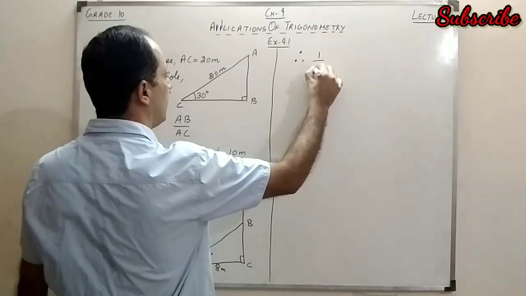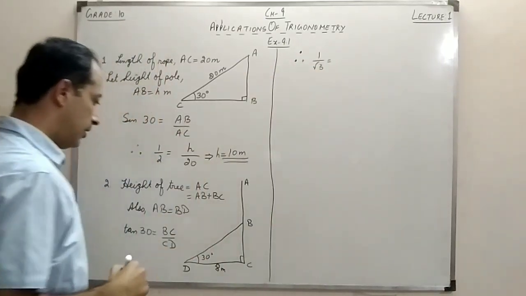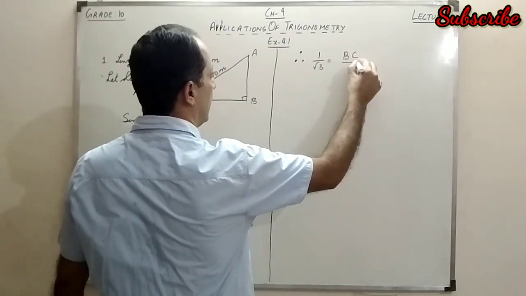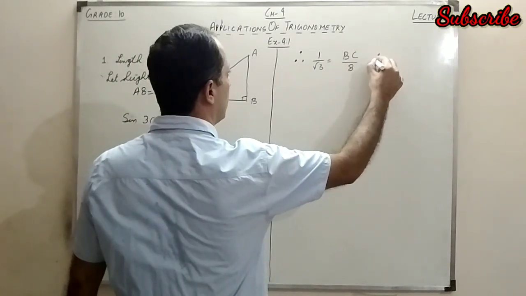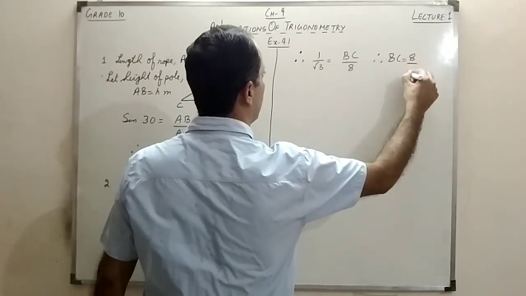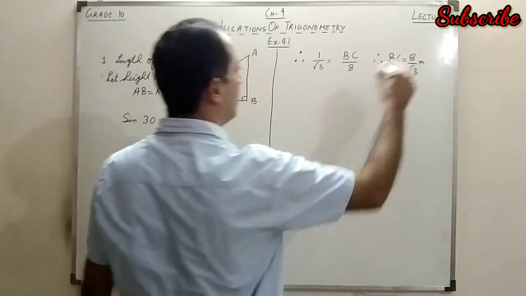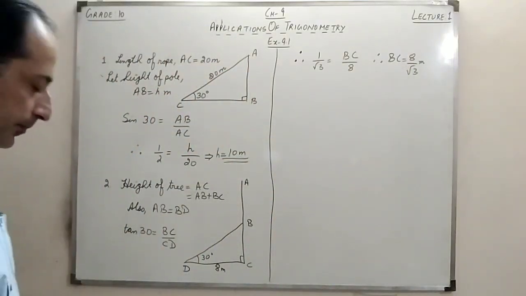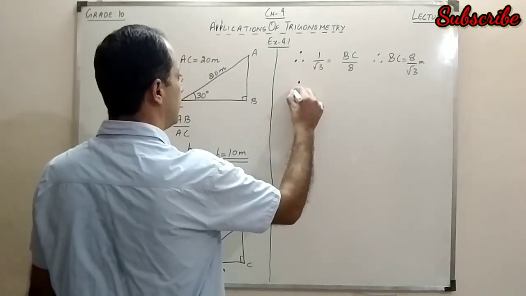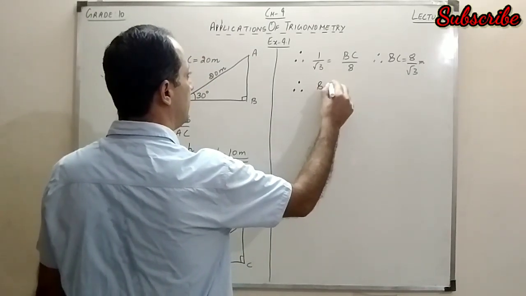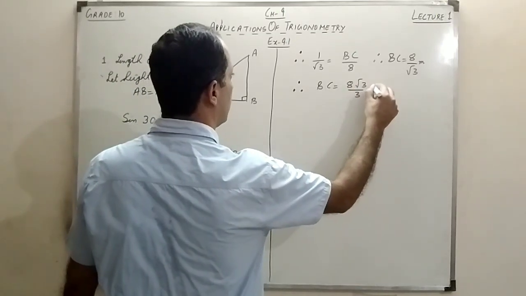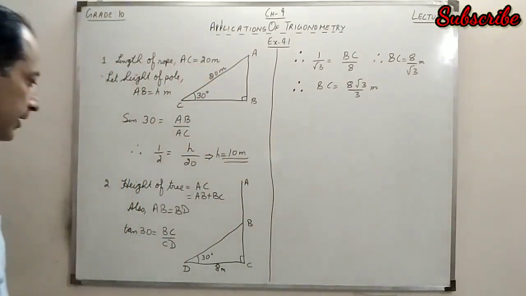This is 1 by root 3 equals, now BC I have to find, so BC upon 8. So therefore, BC I get as 8 upon root 3 meters, right? I can leave it like this, or you can rationalize this and we get BC is equal to 8 root 3 upon 3 meters, right? This is the value I get.